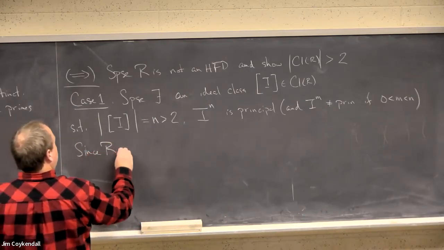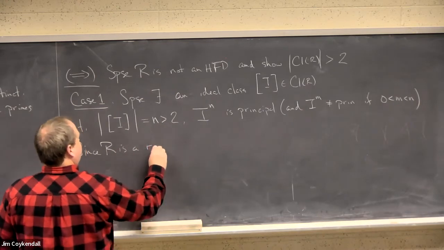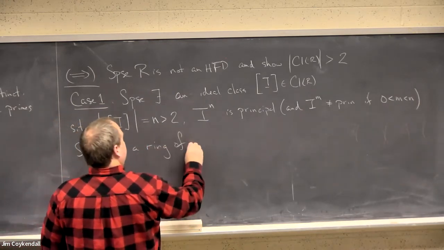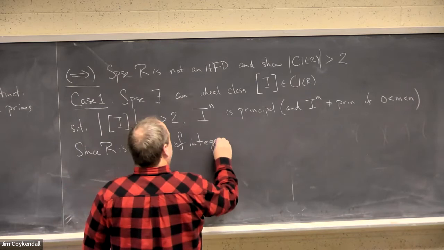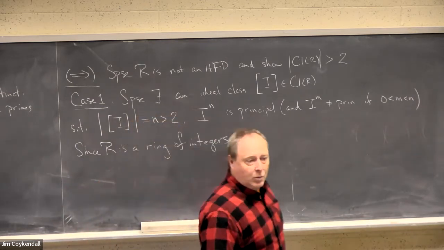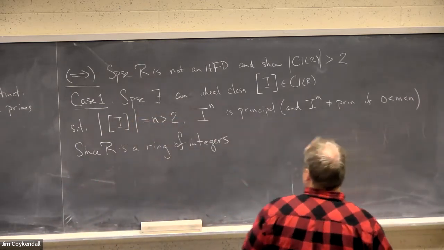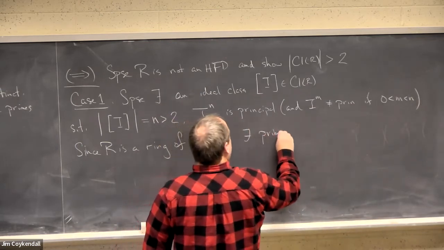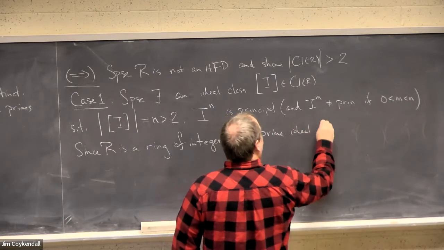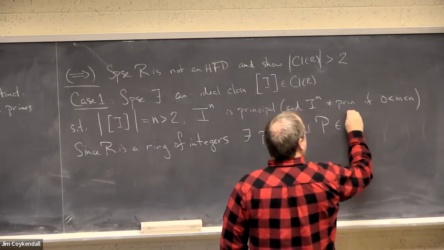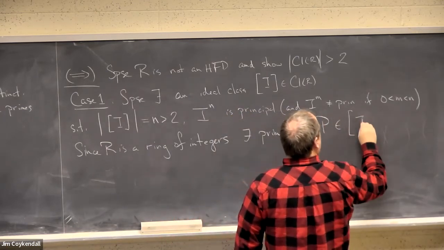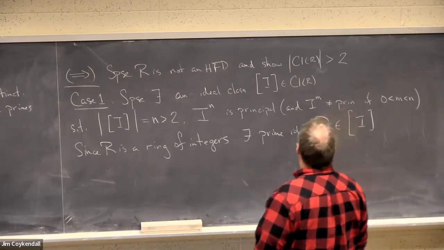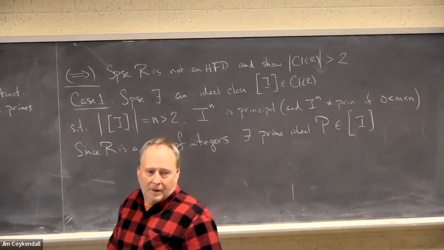Since R is a Dedekind domain, there's at least one prime ideal in every class. There exists a prime ideal P in this class.